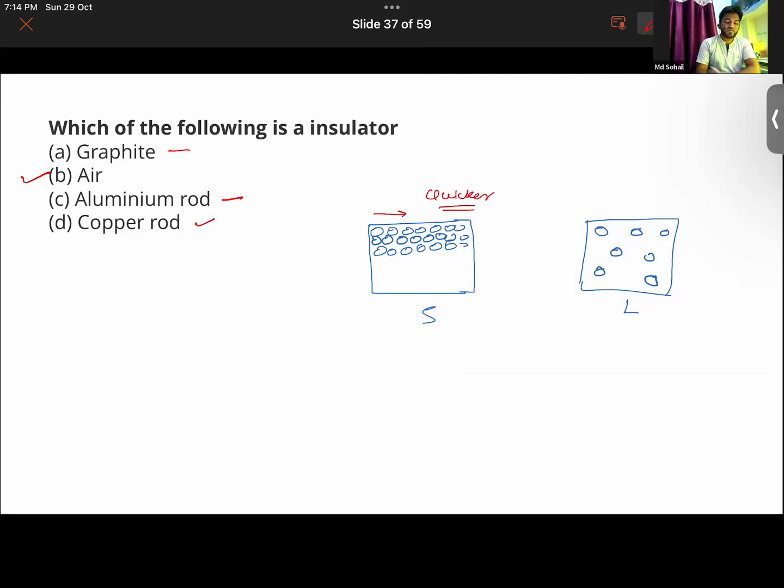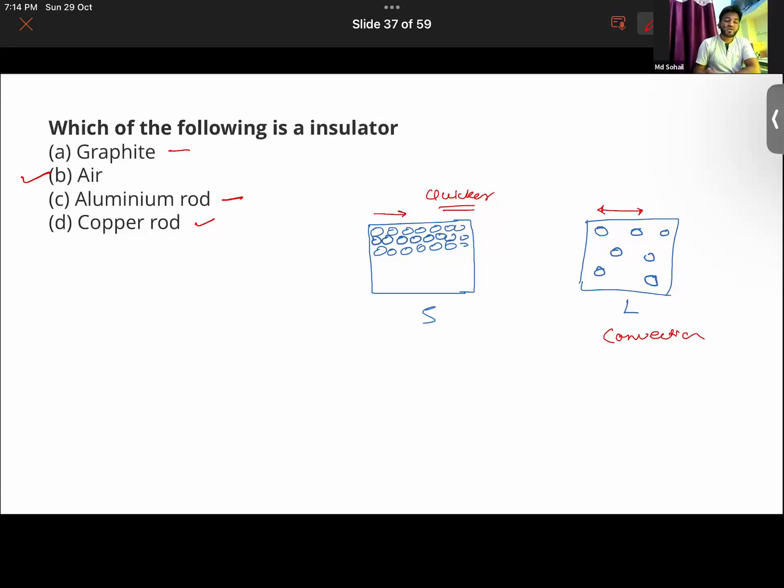Because the atoms are in close contact with each other, the transfer of heat will be quicker. While in the case of liquid, which conducts heat by the process of convection, the atoms are not that close to each other. They are at some distance from each other.